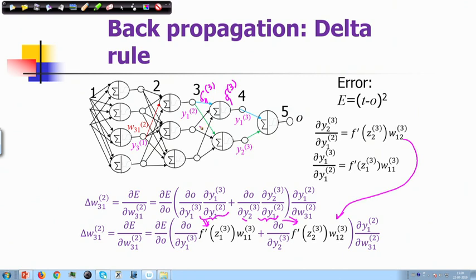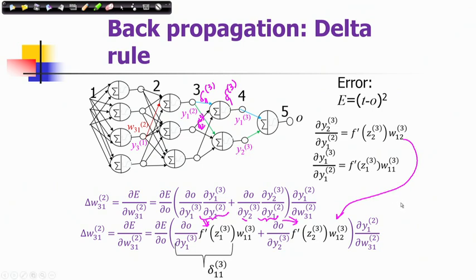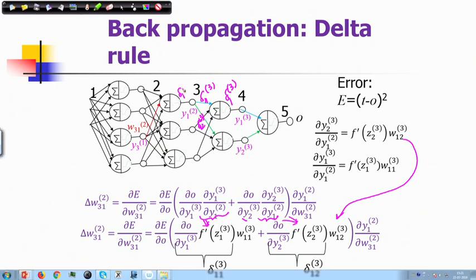Similarly, at this stage this is delta 1 2 3, and that gets multiplied with W 1 2 3. We'll find out how this is happening. That would give me delta 1 2. So, this is the delta rule.